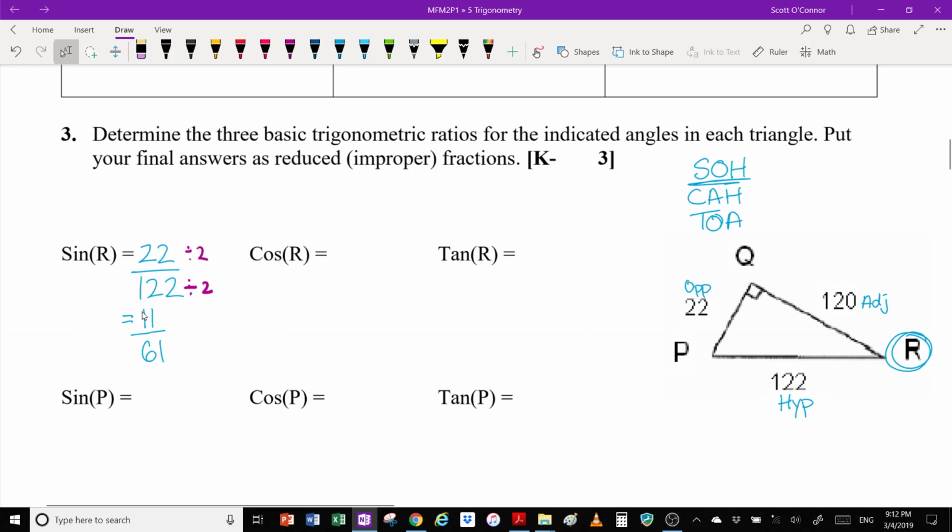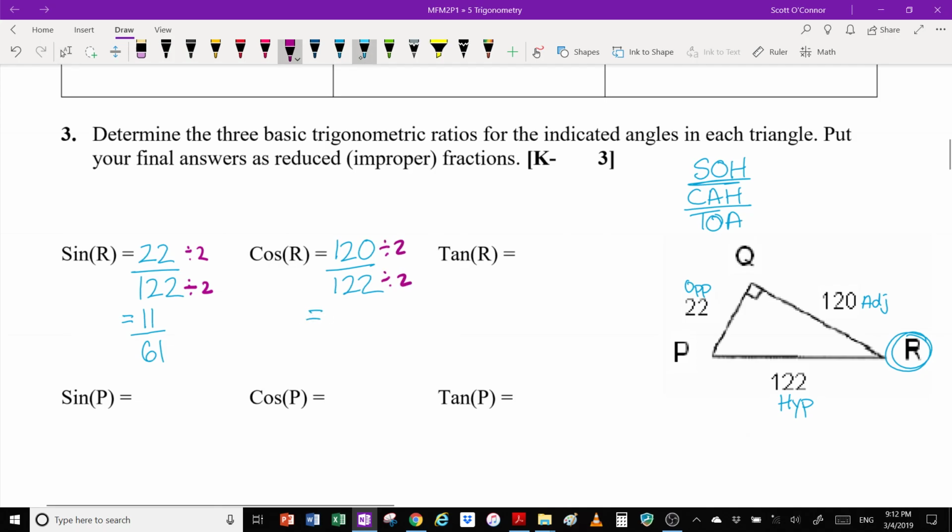Now I'm going to do cos r. Remember, cos is adjacent over hypotenuse. Sorry, my adjacent is 120. And my hypotenuse is 122. And when I then reduce to lowest terms, again, I'm going to divide both by 2.